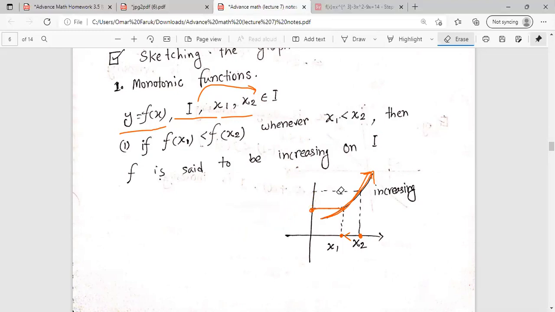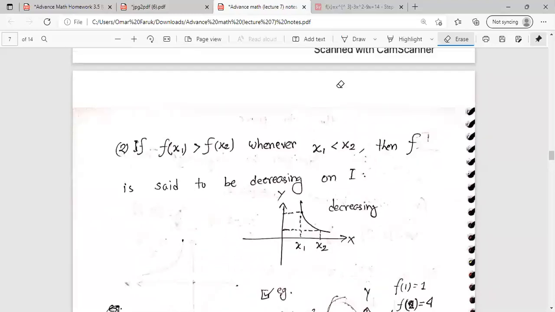Okay. And number two, we have the opposite thing. If f of x1 is greater than f of x2 whenever x1 is less than x2, then the function is said to be decreasing.